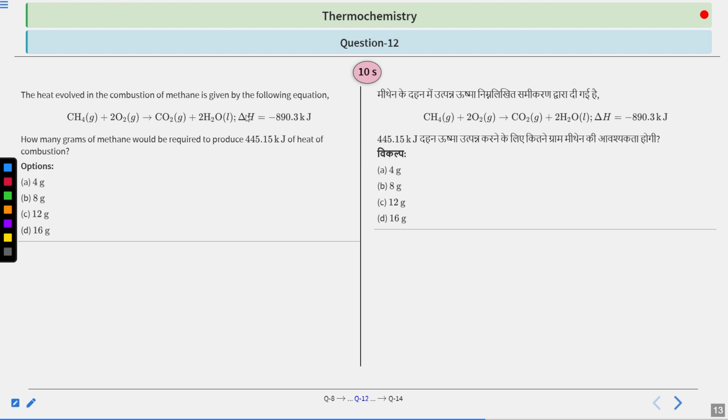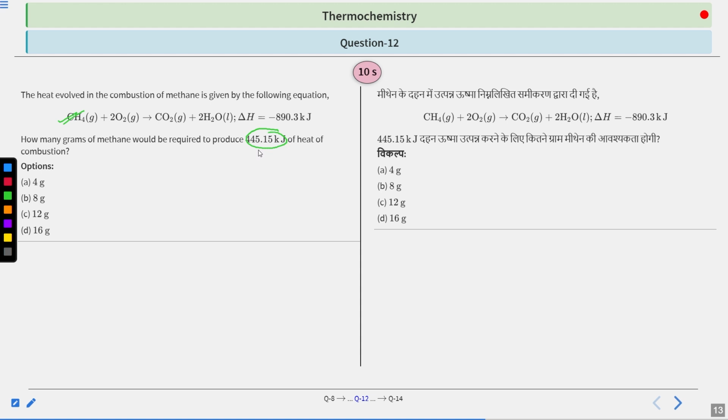So don't make any mistake, the combustion is per mole of CH4. Now we have to find how many grams of methane would be burnt if you want to produce 445.15 kilojoule of heat of combustion.